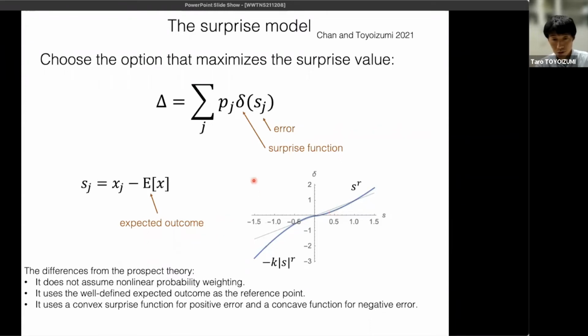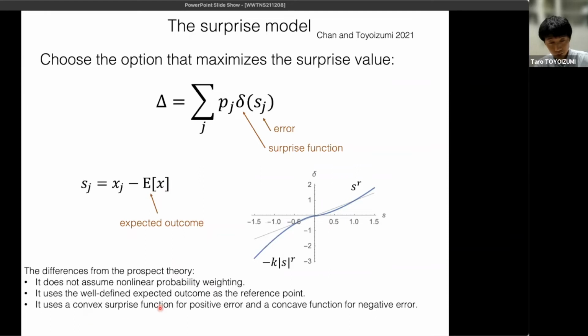Okay, so in summary, the differences from prospect theory are these. One difference is that it does not assume nonlinear probability weighting. In other words, we are just using the objective probability Pj. Second, it uses the well-defined expected outcome as the reference point.